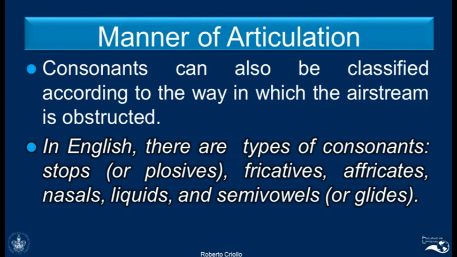There are also fricative sounds, there are affricate sounds, there are nasal sounds, liquid sounds, and finally semivowels. We're going to see how all of these kinds of consonant sounds are produced in a different way, and that's why they have a different manner of articulation.